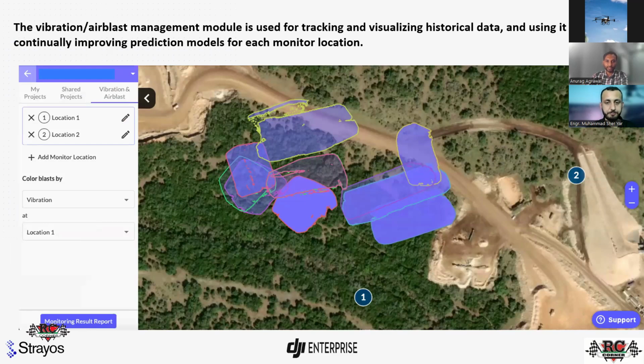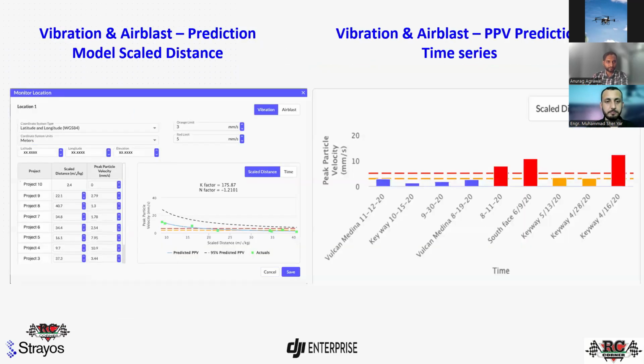And we are just identifying and measuring the distance from the blast. By using this graph, you can analyze the K and N values, and based on these K and N values, you can predict your ground vibration at any distance.